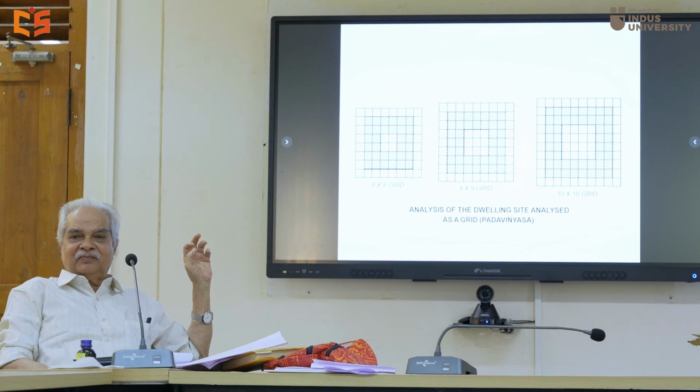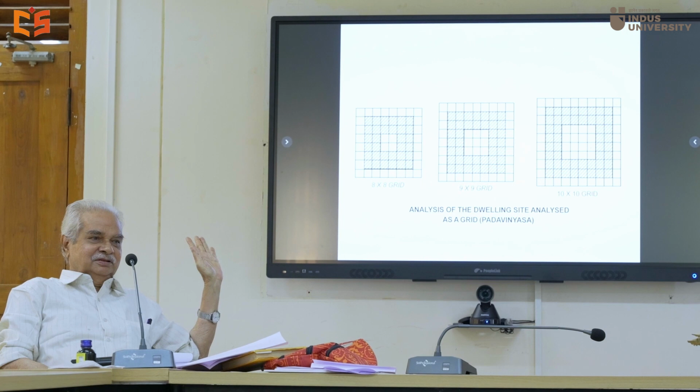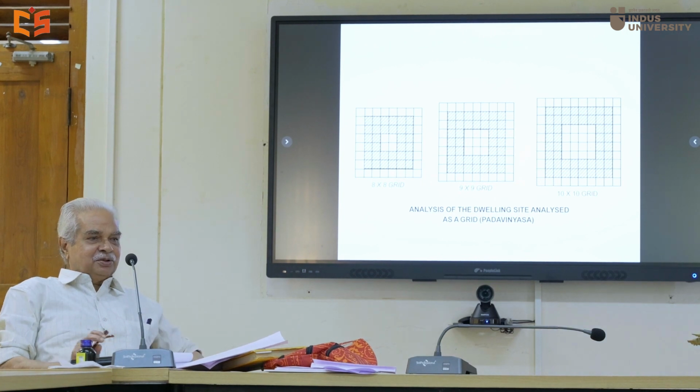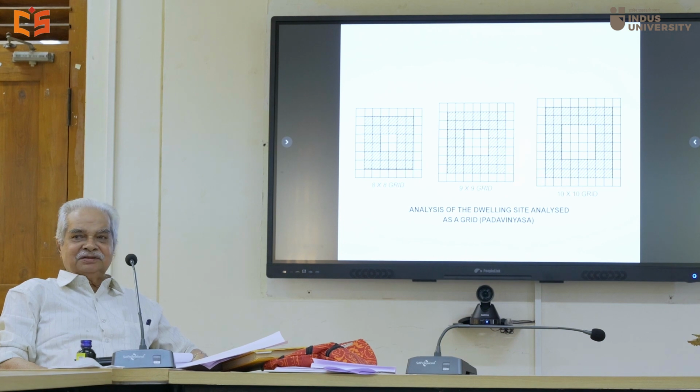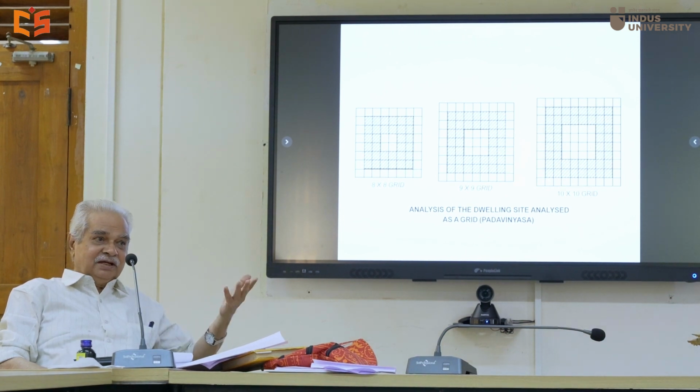Right? That means what is the ground coverage? 50%. And what is the ground coverage recommended today in the National Building Code or KBR for most of the buildings? 50%. Right? Can you go beyond that?